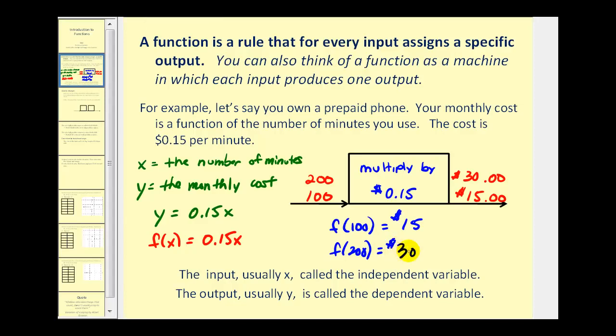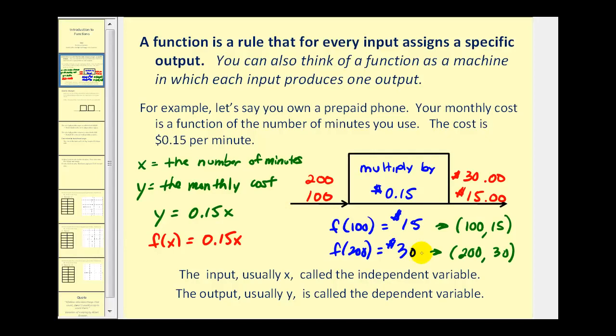One more connection we should make here is that each of these function values represents a point on the graph of the function. So f of 100 equals $15 would represent the point where x is 100 and y is 15. And f of 200 equals 30 represents the point where x is 200 and the y-coordinate would be 30.